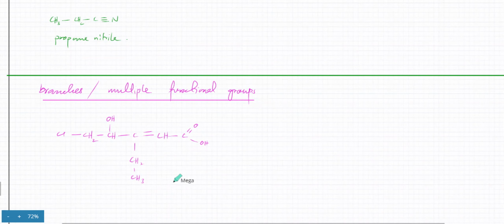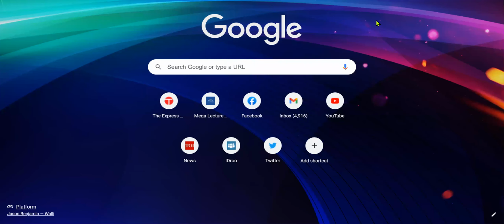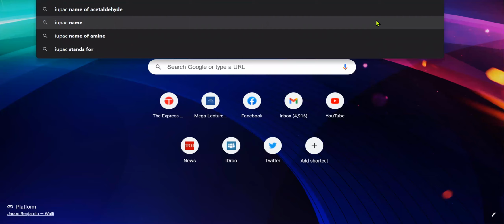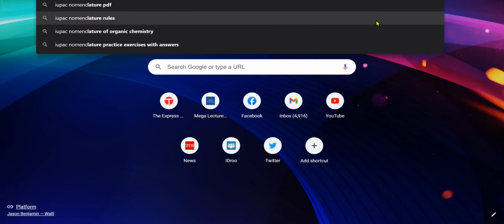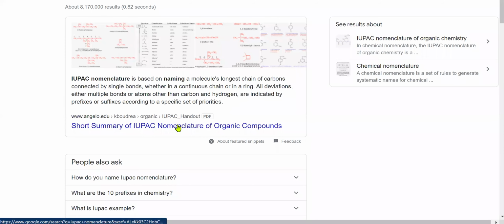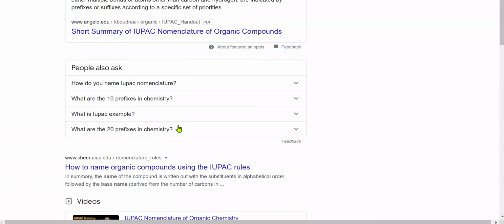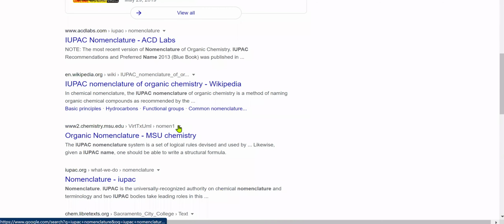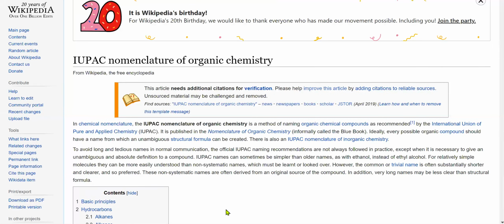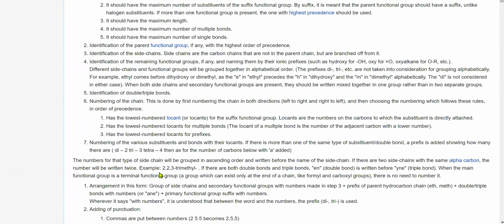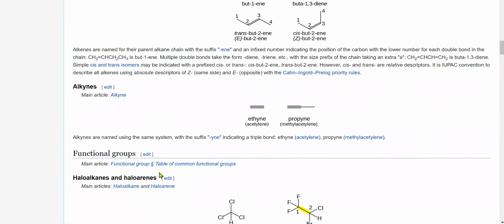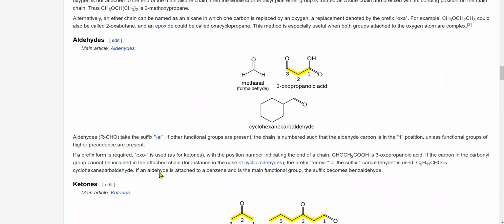So there are some rules when dealing with more complex structures. Remember the rules are not usually sufficient; they fail very quickly. So I'm going to open the IUPAC nomenclature, which is very detailed. There's a table given over here, and we're going to list.